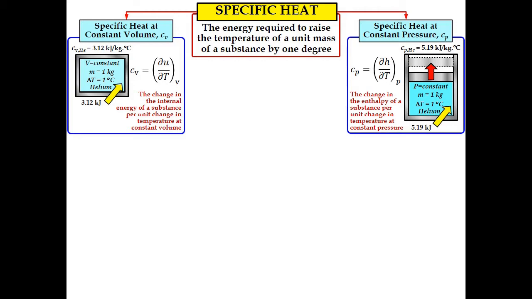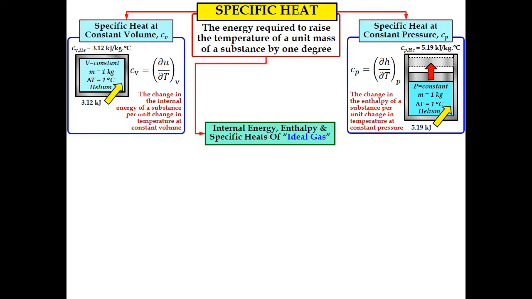So if you look at both types of specific heat, for specific heat at constant volume, CV, the value depends on the internal energy. However, CP is related to the enthalpy difference, delta H.